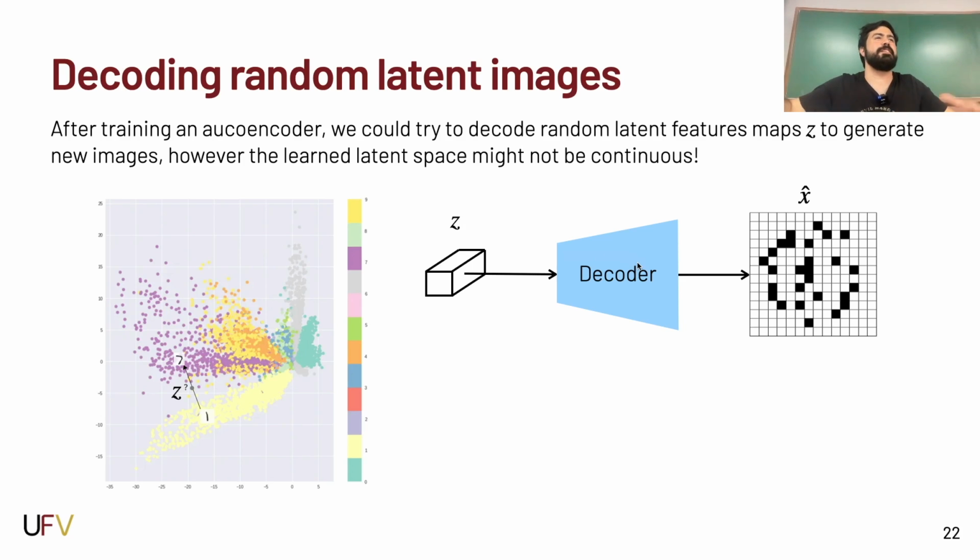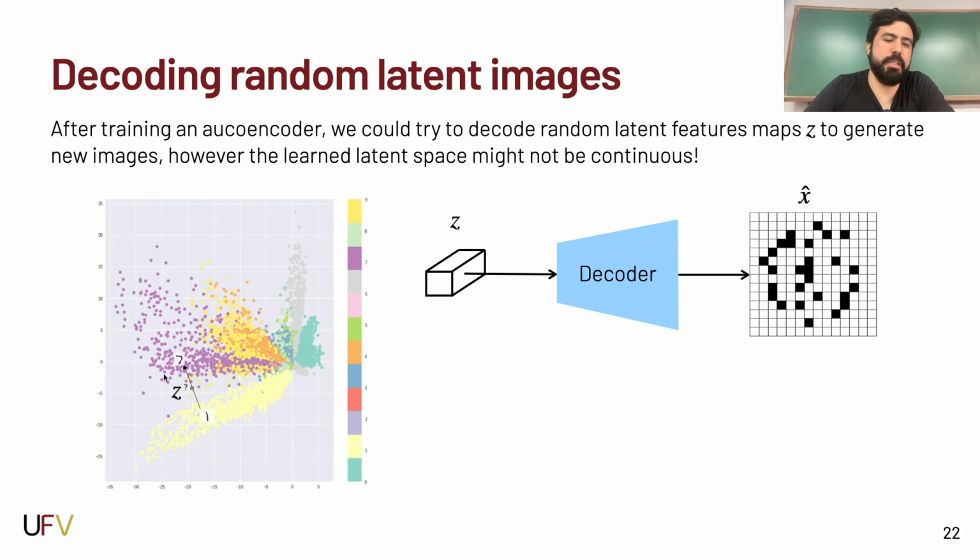Since the decoder has seen many examples, I'm just picking a random one. Hopefully, it should generate me an image, right? Because if this latent space is interesting enough, or if it has learned interesting properties, then any z value that I put here should give me an image, right? Well, that's cool, but this doesn't happen if you train an autoencoder.